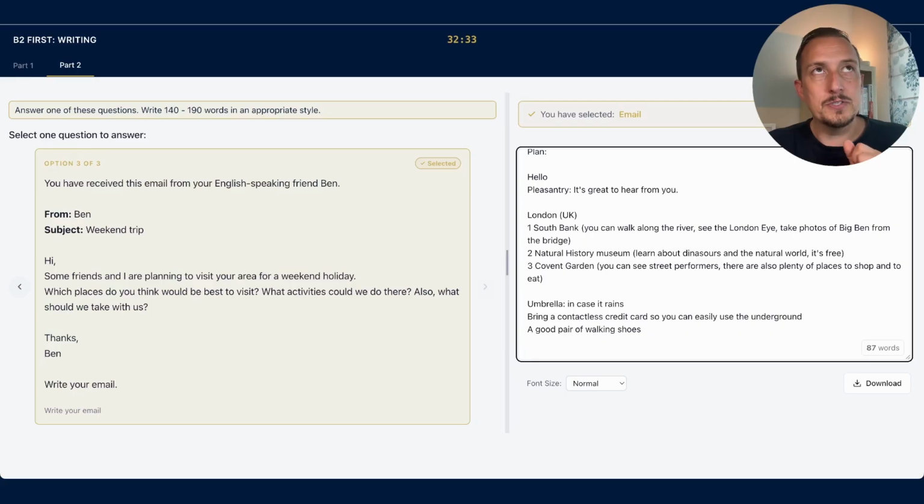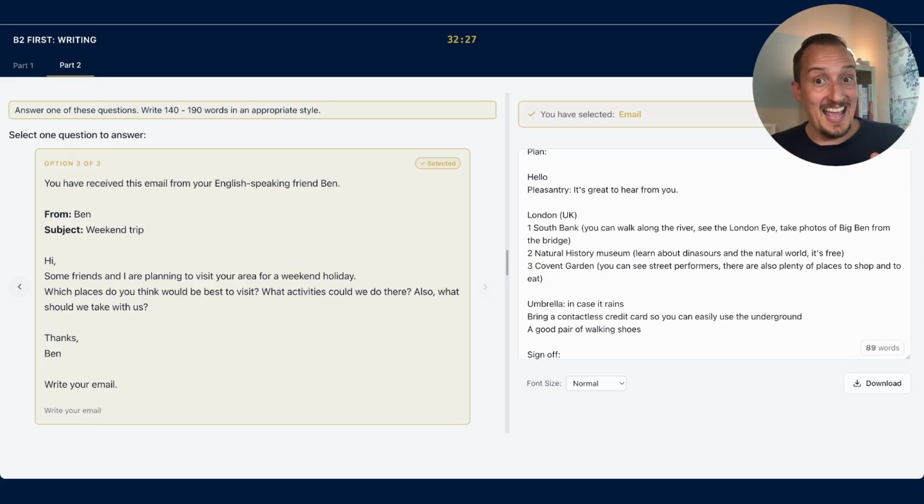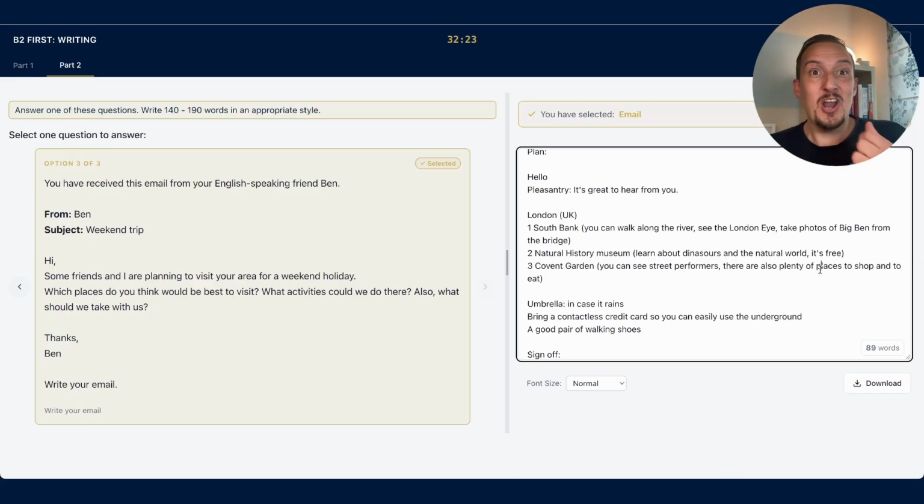We then want to sort of have a sign off. So remember, in an email, typically at the end, you've written your email, and then you want to have a nice little way of saying, look forward to seeing you or something like that. So do we say when he's coming? It's a weekend holiday, but he doesn't say when he's going to come.